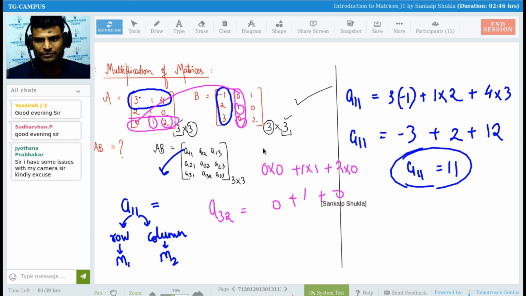So 1, 0, 0, so this will be 1 only. So like this, you have to perform this operation 9 times because you have to do it for each and every element, right? Yes, so this is how we proceed for multiplication.